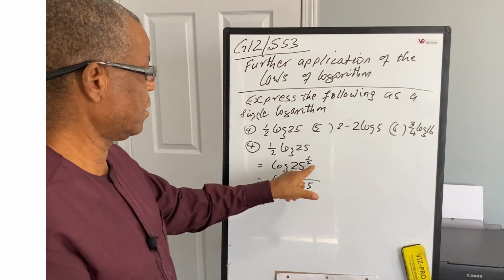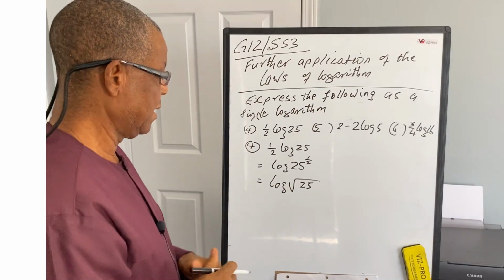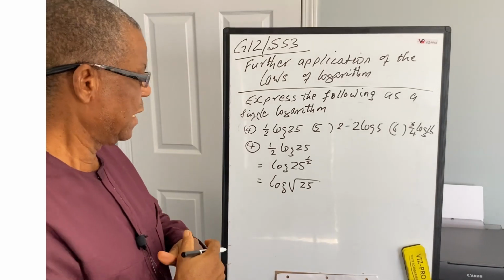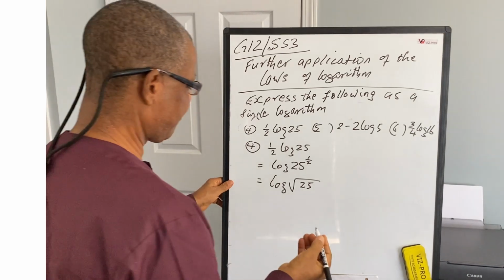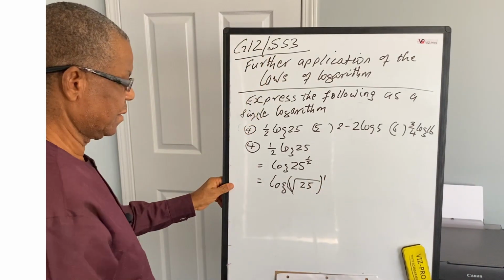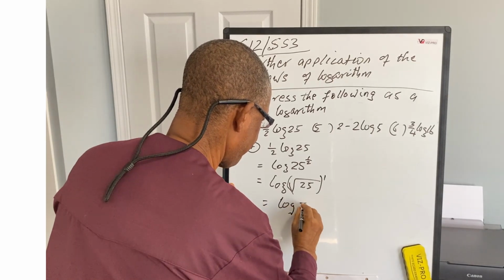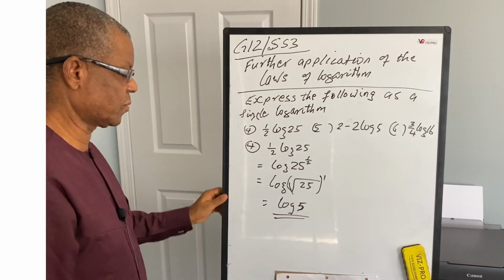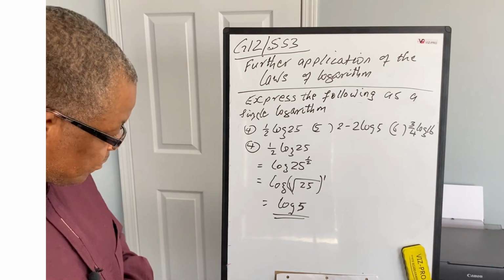The square root, because this is 2 and square root, and we don't need to write 2 for square root. And it should be raised to power 1, but it's not necessary because any number without power is automatically raised to power 1. And this will now give us log 5. The square root of 25 is now a single logarithm.